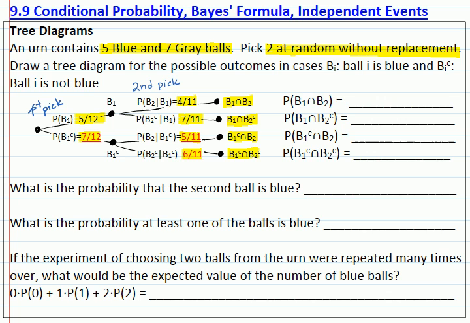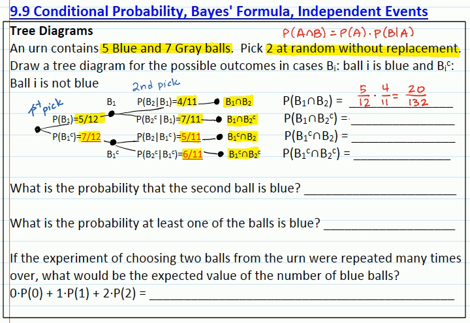And if you remember, we said above that the probability of A intersection B will be the probability of A times the probability of B given A. So I'm going to use this formula to multiply the two probabilities. So the probability B1 and B2 is 5 out of 12 times 4 out of 11, which is 20 out of 132.